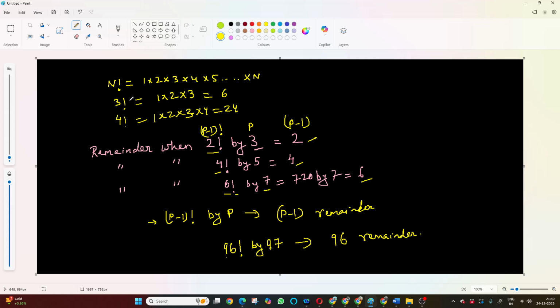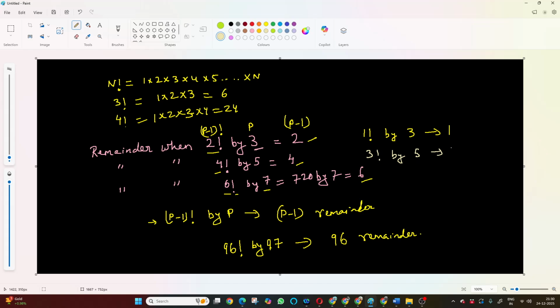So, for example, one next level of this is that if instead of 2 factorial, I had taken 1 factorial divided by 3, the remainder would have been 1. If I had taken, instead of 4 factorial, reduced that by 1 and taken 3 factorial by 5, 3 factorial is nothing but 6.